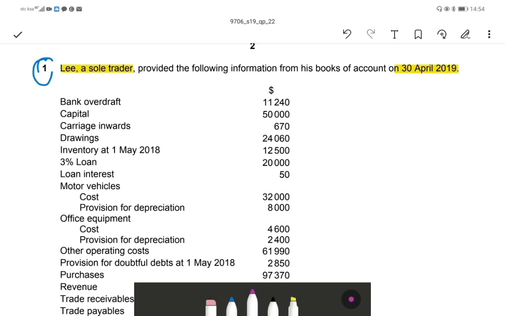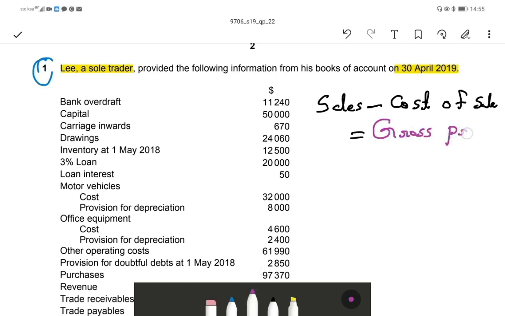So first we have to calculate sales minus cost of sales, which is equal to gross profit. Then, what is cost of sales?